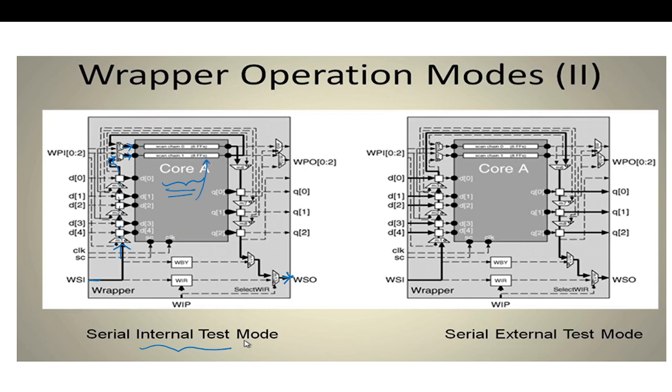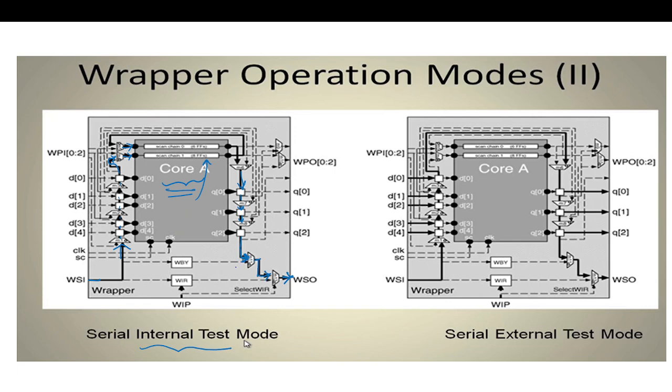The response will be captured in these scan chains, which will come to these 3 boundary scan cells, and this multiplexer will select this, not the bypass output.